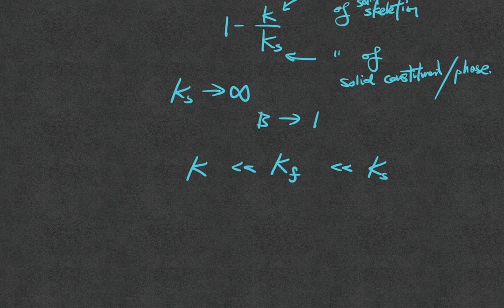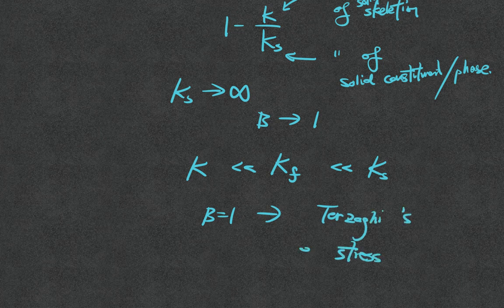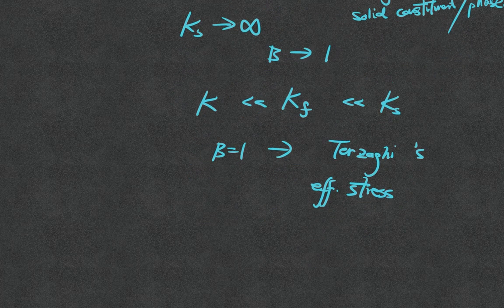If B equals 1, then we call it Terzaghi's effective stress theory, or Terzaghi's effective stress. If B is not equal to 1, that is generalized into Biot's effective stress.